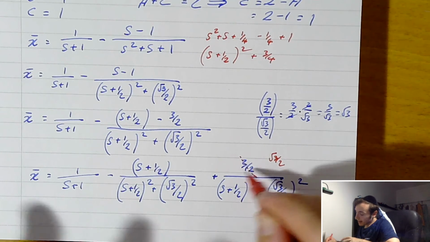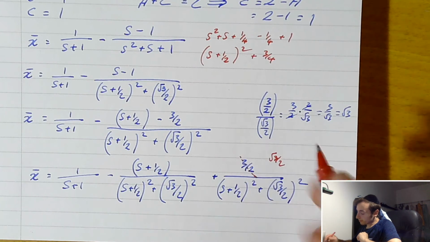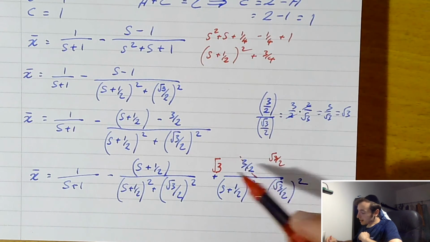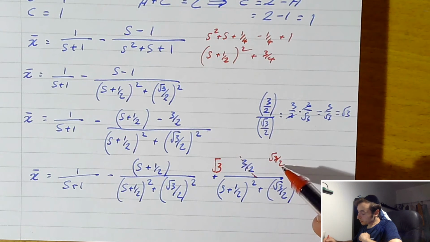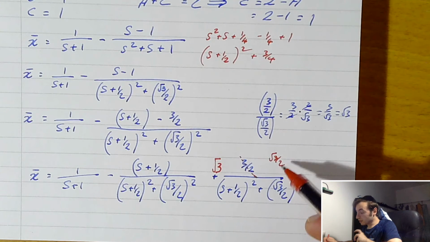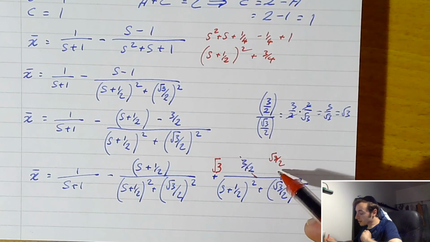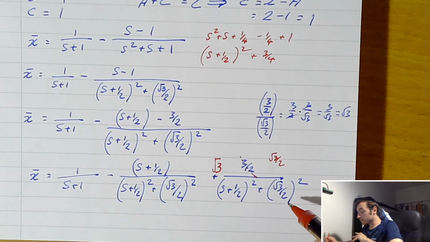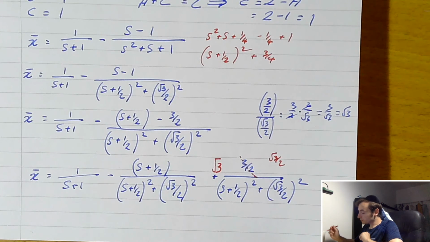And to make that really 3 on 2, I'm just going to multiply by root 3 over here in front. So if I do root 3 times root 3 on 2, I'm going to end up with 3 on 2, which is what it really is. But I need it to look like root 3 on 2 over here, because then I can do a on s squared plus a squared, which is sine at.